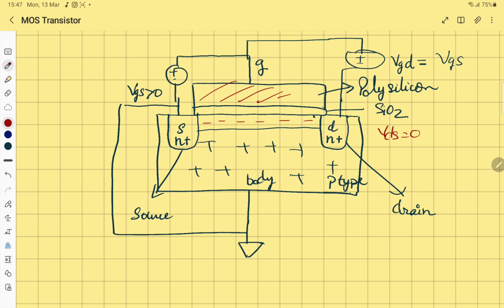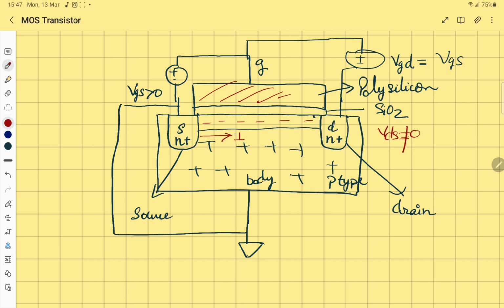So now what we'll do, we'll start increasing this VDS, okay? So that there is a difference between source and drain, and VDS then will not be equal to zero. There is some VDS, and what will happen?